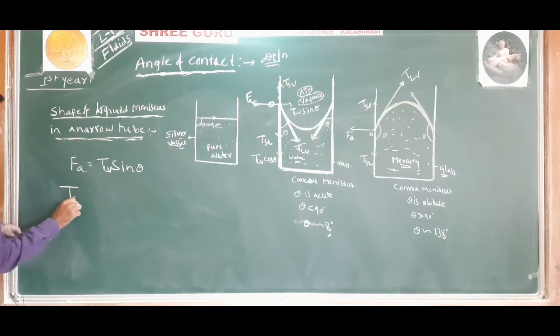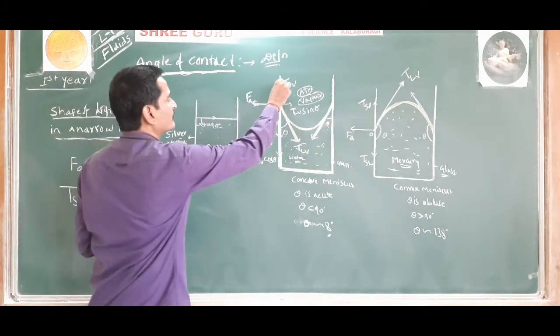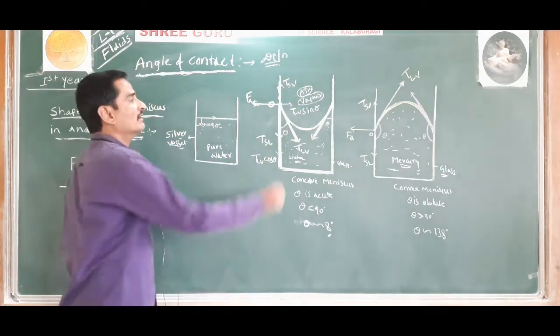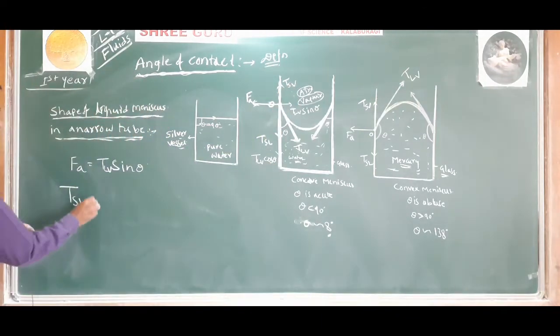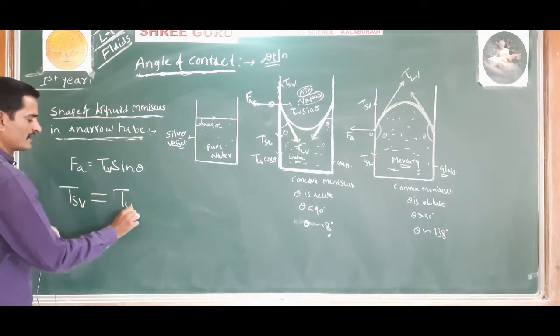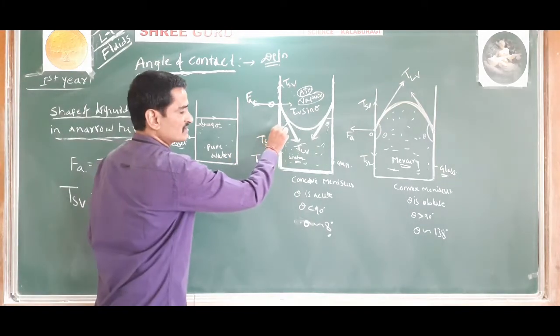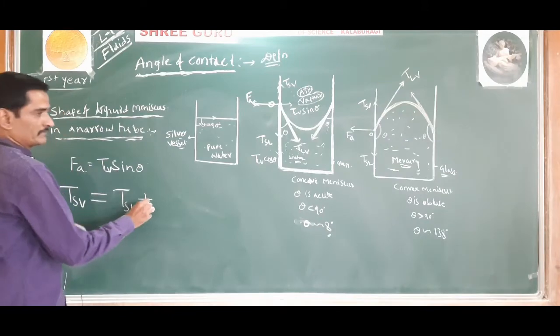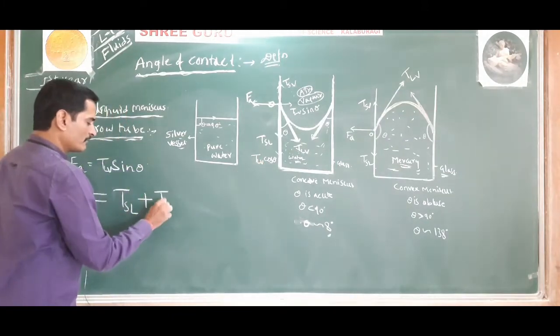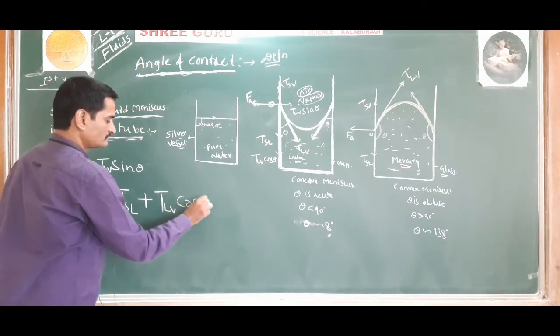and TSV, that is the force of surface tension between the solid surface and vapor, is equal to TSL, that is the force of surface tension between solid and liquid, plus TLV cos theta. Understood?